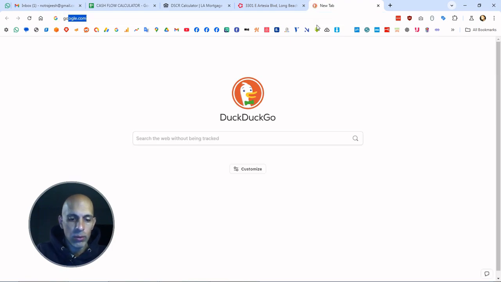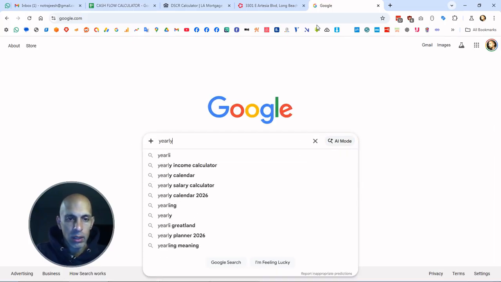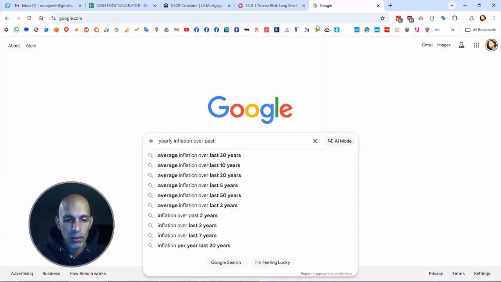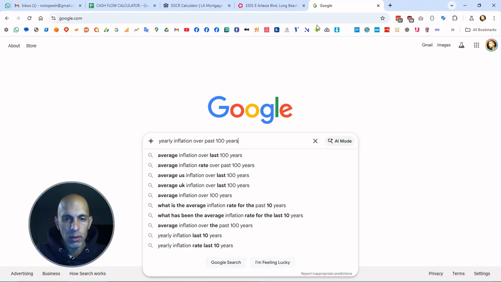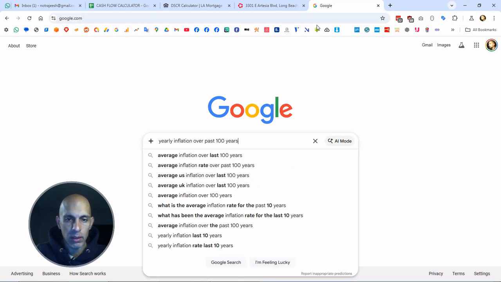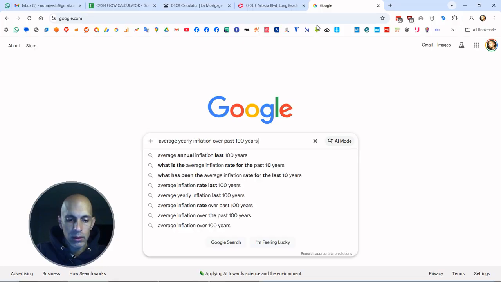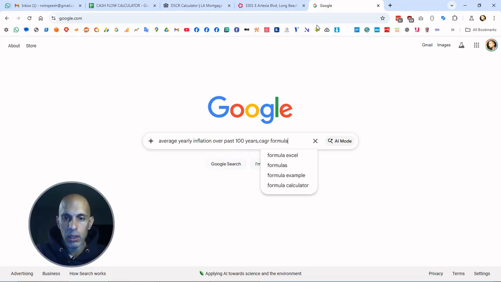So let's go to google.com. Yearly inflation over past 100 years on average. Well, let's see here. Average CAGR formula.